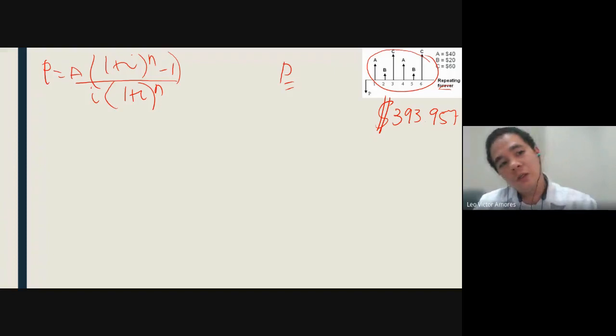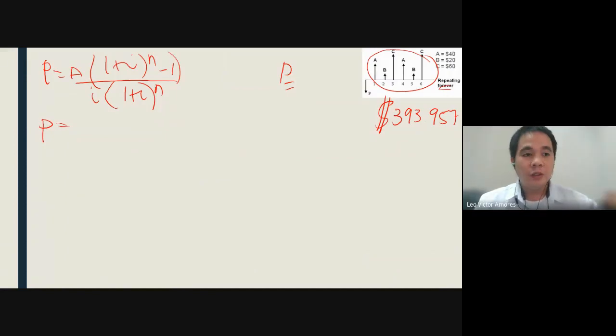And then, you also need to get the present value of the three payments. So, pila gani na ang A gani? That is 40, 20, and 60.